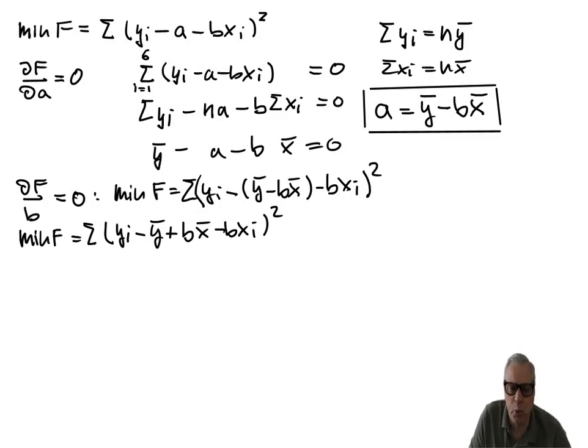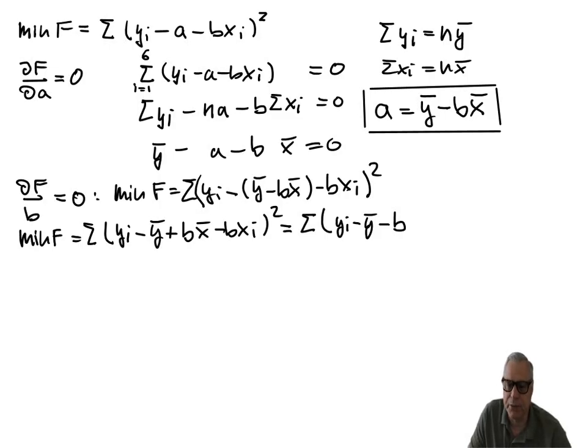So yi minus y bar already looks a little bit like the covariance. And here, minus b xi minus x bar, if I flip that around, I can rewrite that as the sum of yi minus y bar, and then I put the minus b in front.